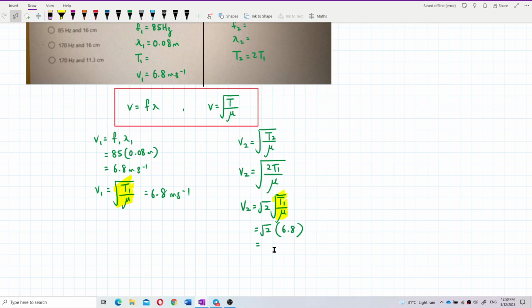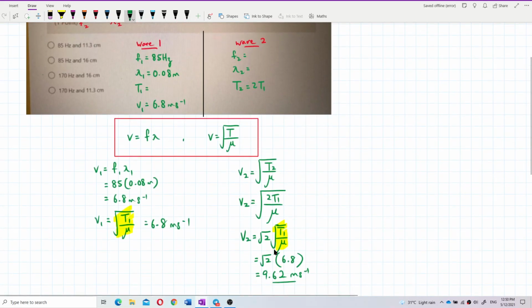So we got 9.62 meter per second. So V2 is equal to 9.62 meter per second.